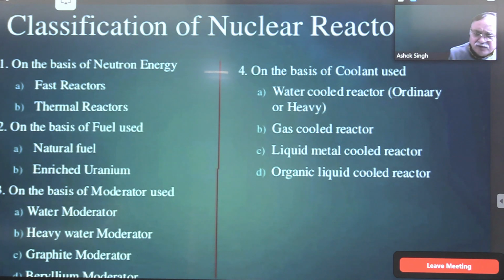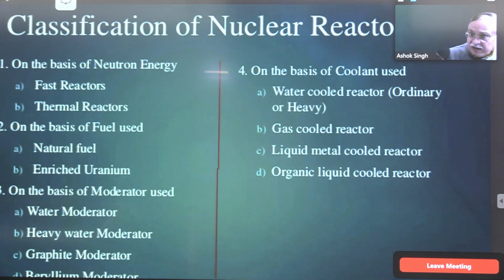Now, on the basis of coolant also you can classify reactors. Most reactors are water-cooled reactors. The heat energy that is produced is carried away by water.